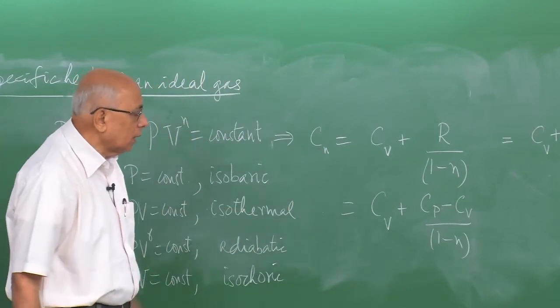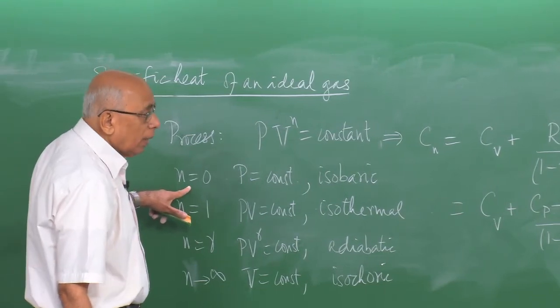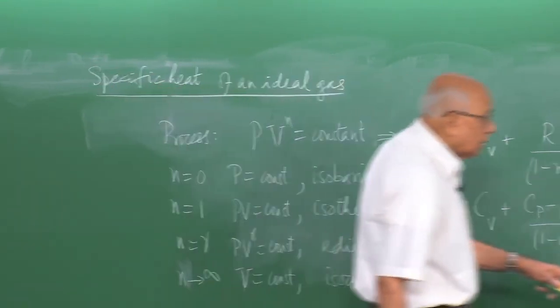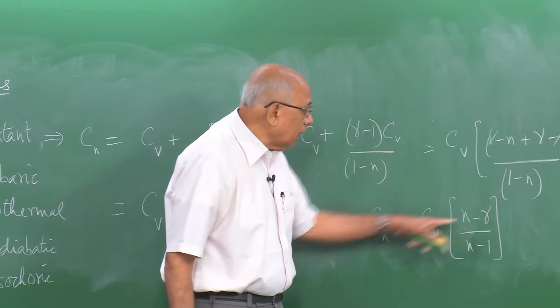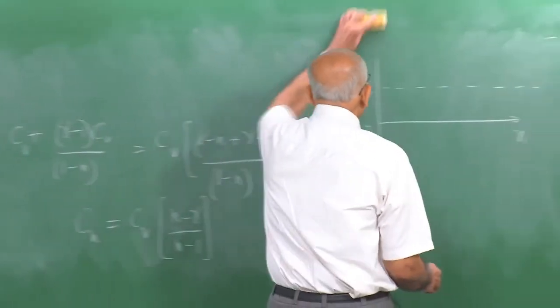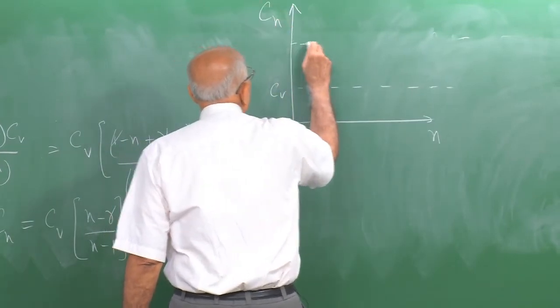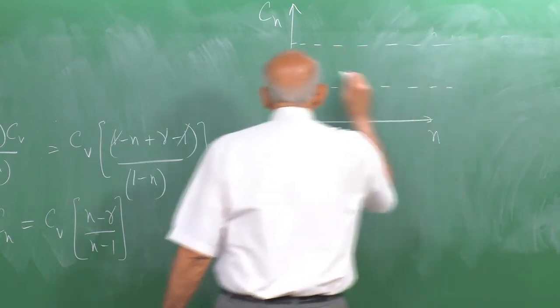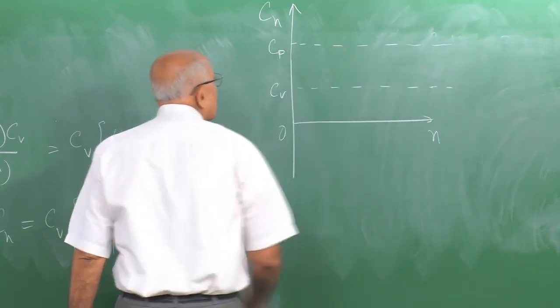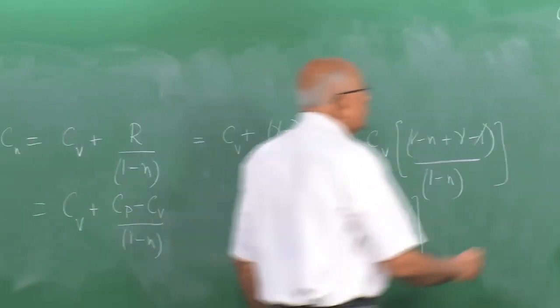According to this formula, when n is 0, we have here an isobaric process. So when n is 0, you have Cn is gamma times Cv, that is Cp. So this recovers Cp correctly, and Cp is sitting somewhere here. Cp, that is 5/2 R, and it says when n is 0, you are there at this point.